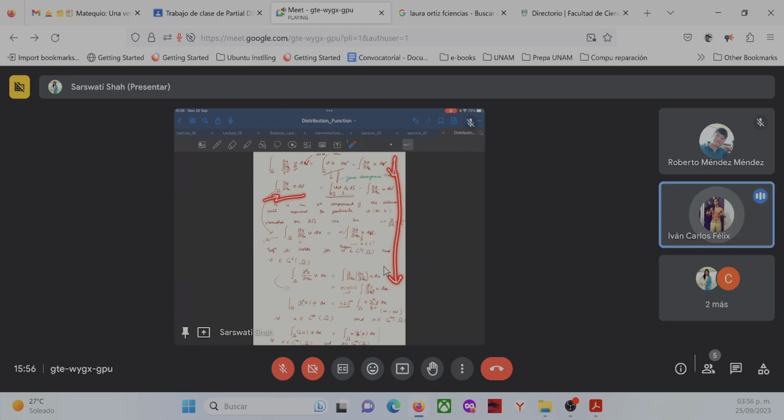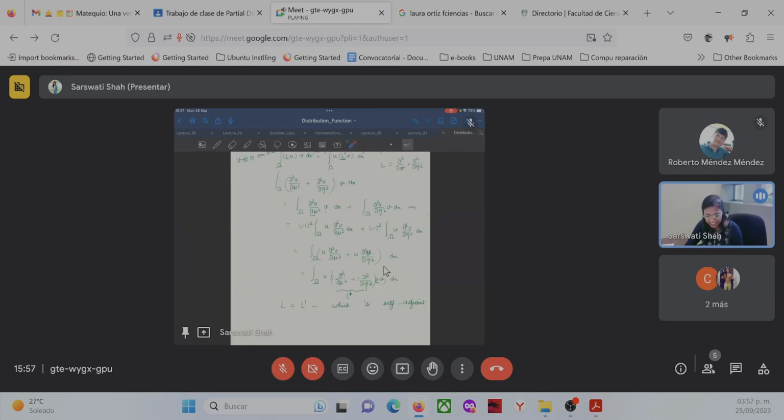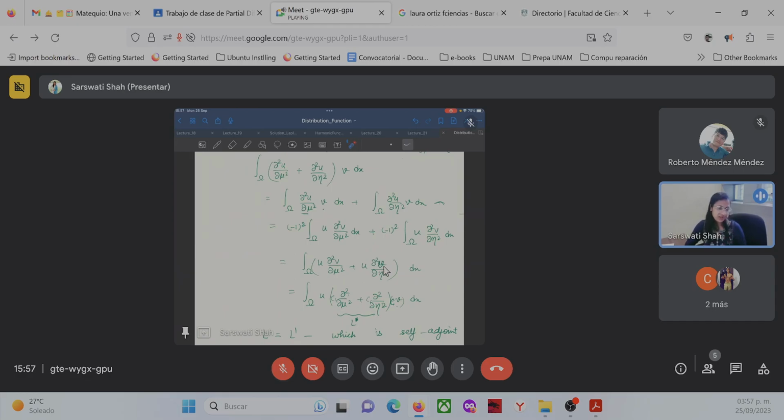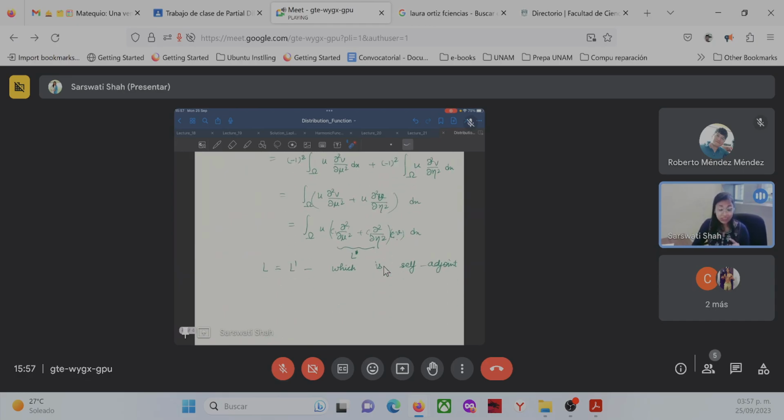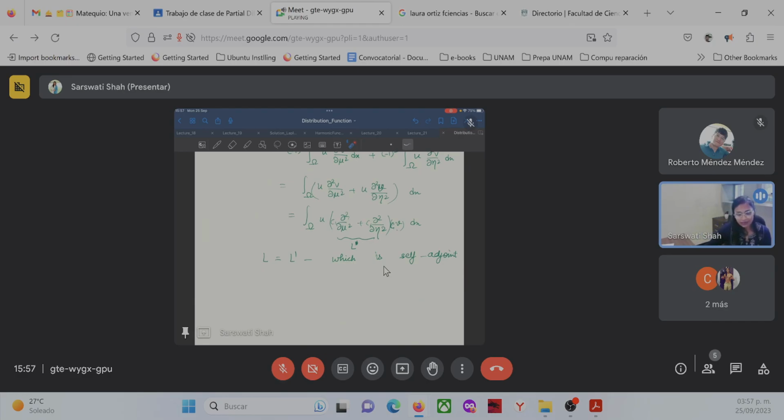In the operator sense, or in the general sense, when at least one of the functions vanishes on the boundary, is this line clear or not? So that was what I was asking. I am doing the same thing. So for the wave equation, the adjoint operator is the same operator. That's why it is called self-adjoint.